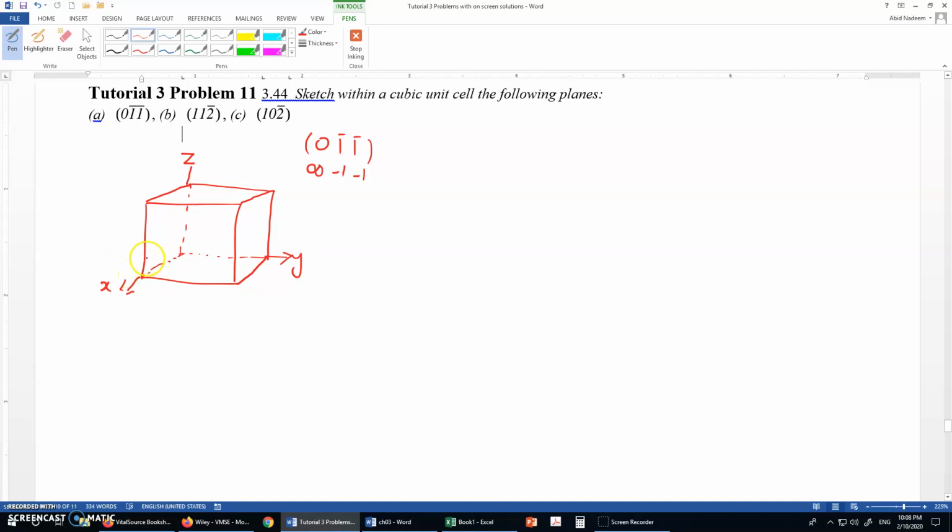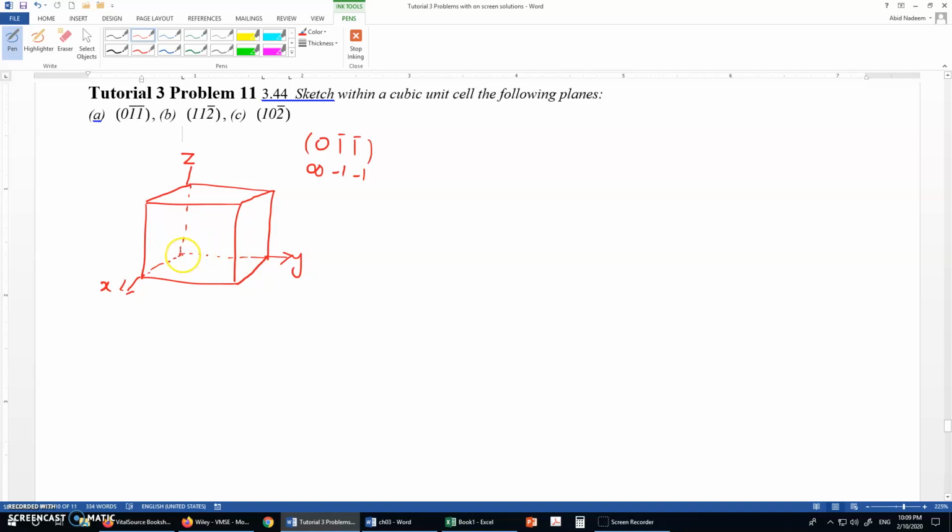Okay, a plane can be outside of the unit cell, but if we want to sketch the plane within a unit cell, we need to shift the origin. So the origin will be shifted by one place where it is negative.